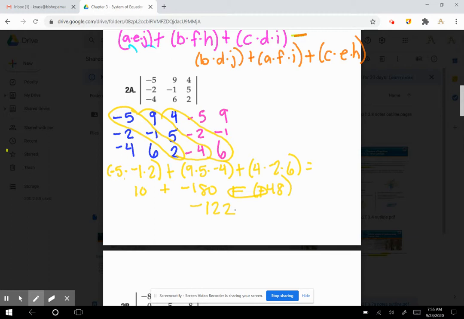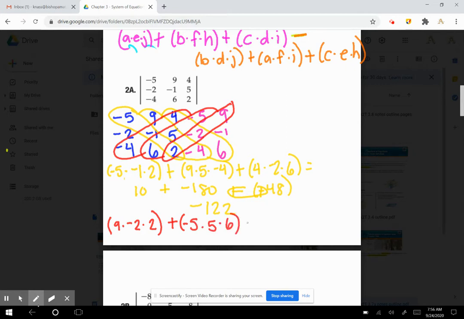Now let's go and do the other side. Start up here at the 9 and work down. So 9 times -2 times 2 plus -5 times 5 times 6 plus 4 times -1 times -4.